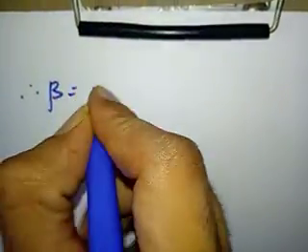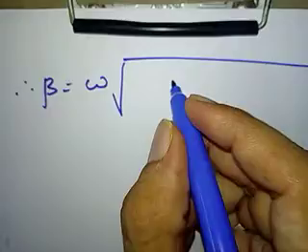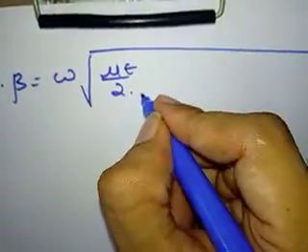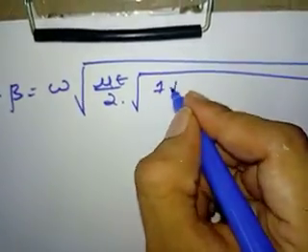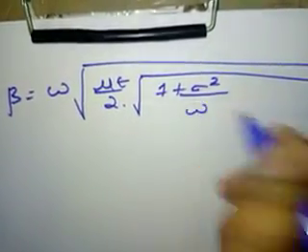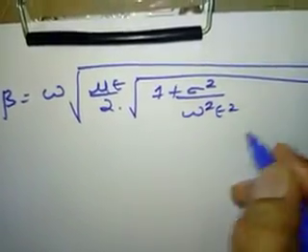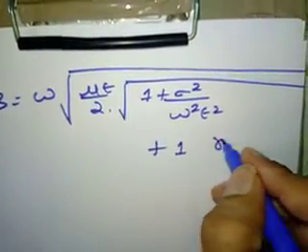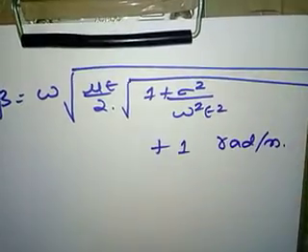Therefore beta is equal to omega into square root of mu epsilon by 2, into square root of 1 plus sigma square upon omega square epsilon square, plus 1, radians per meter.